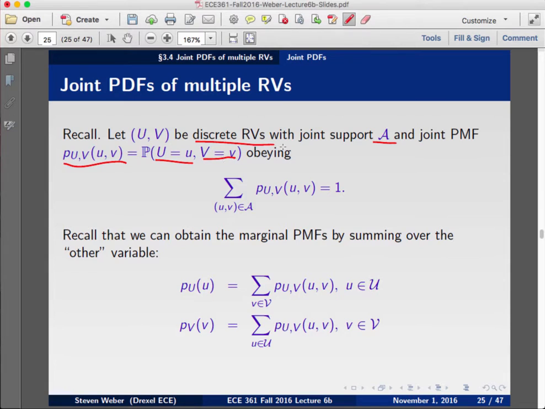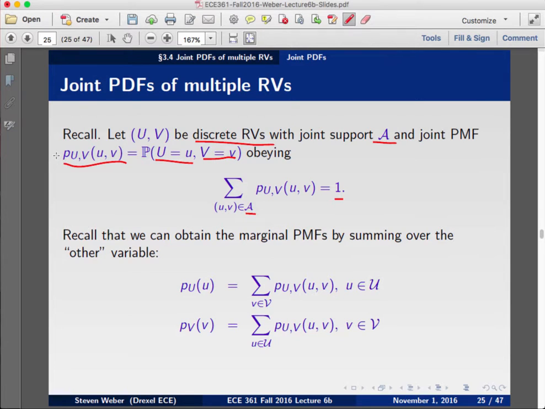And this PMF has the defining property that if I sum up that joint probability mass function over all pairs u comma v in the support script A, I will get 1. That's the normalization requirement for a joint probability mass function.